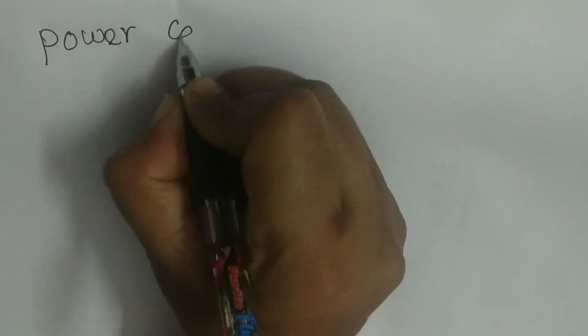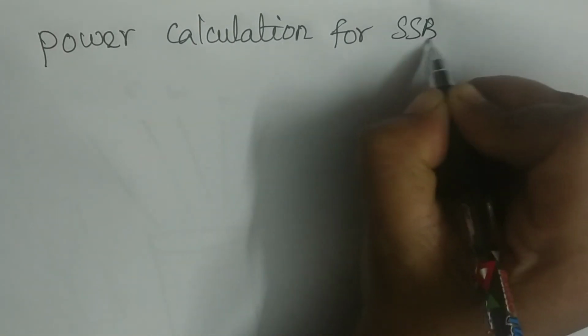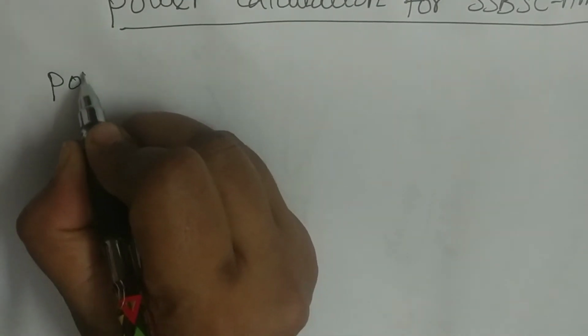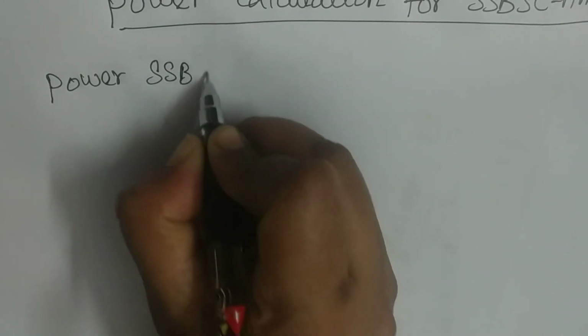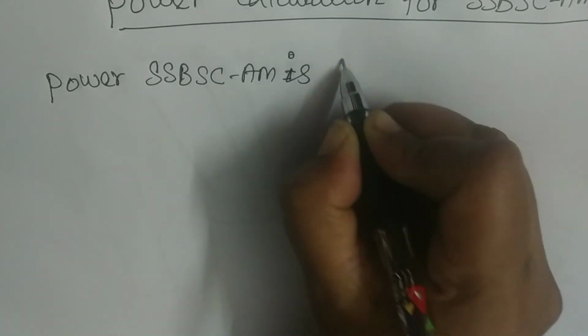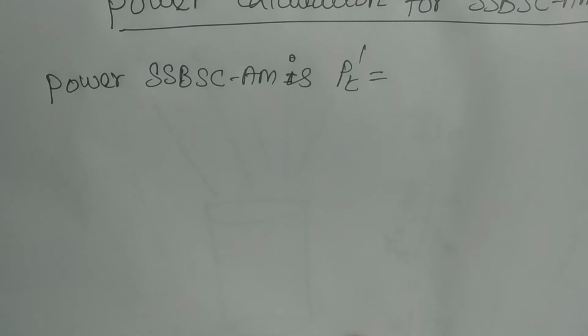Then we see the power calculation for SSB SC AM, the power saving. So we have only one sideband, the lower sideband.